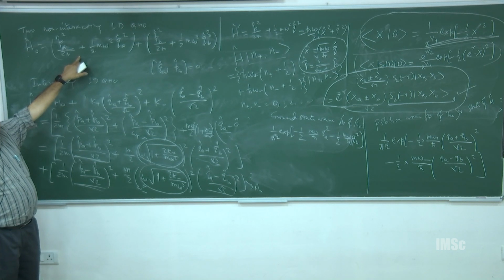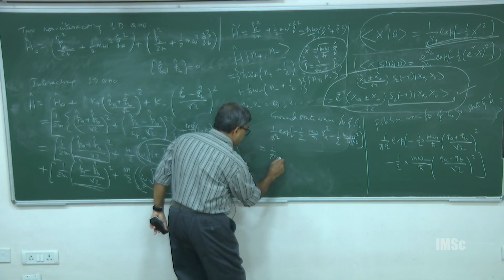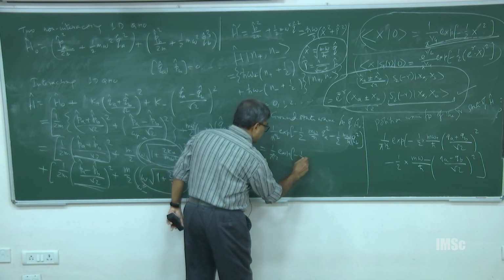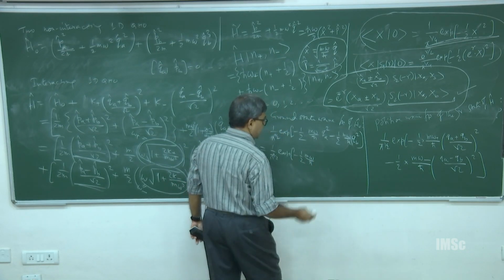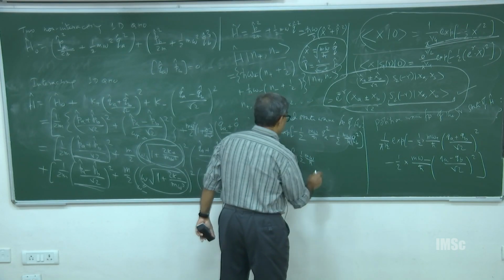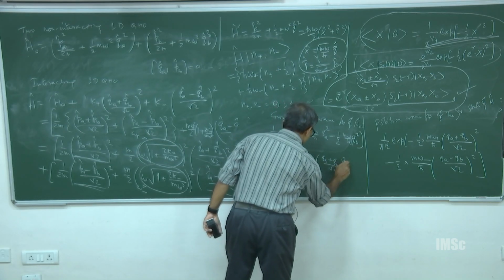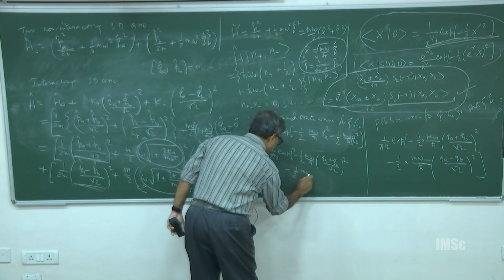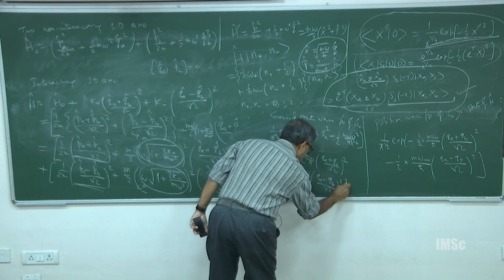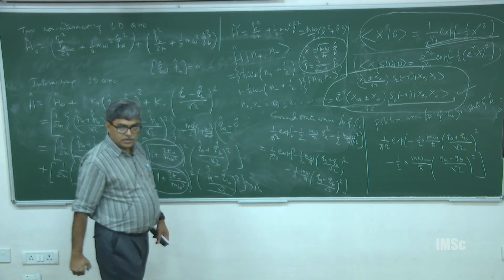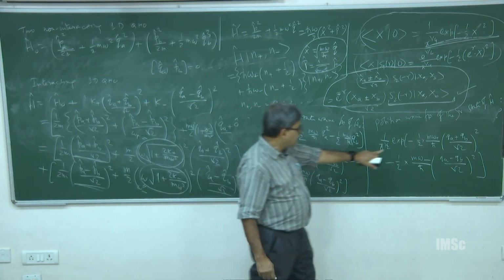This is the ground state, and this I can write as 1 upon pi to the power half exponential of minus half m omega by h cut, qa plus qb by root 2 whole square, minus half m omega by h cut, qa minus qb by root 2 whole square. Can I write like this? I can. So, what is the difference between this one and this one?